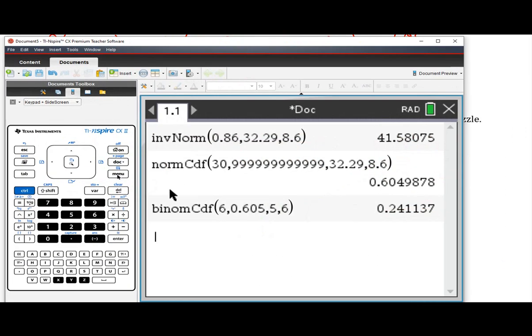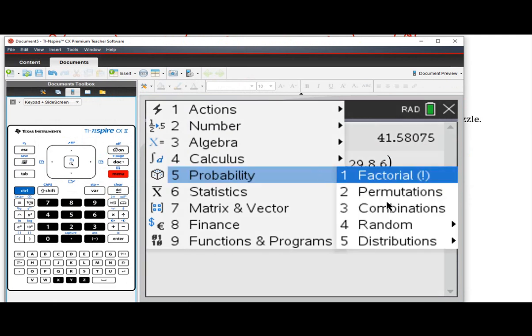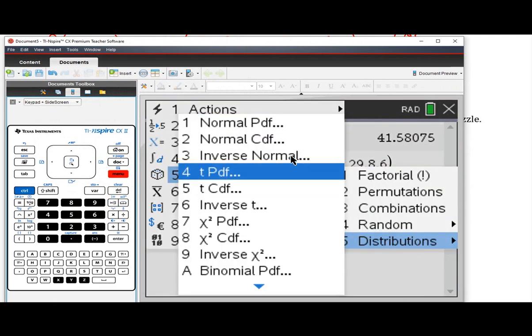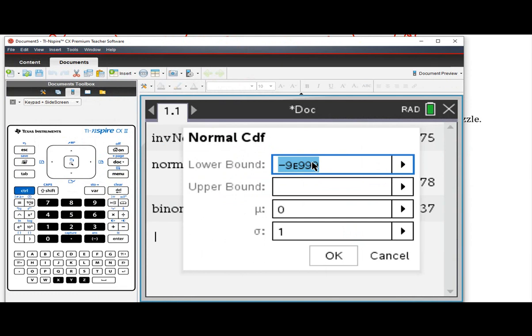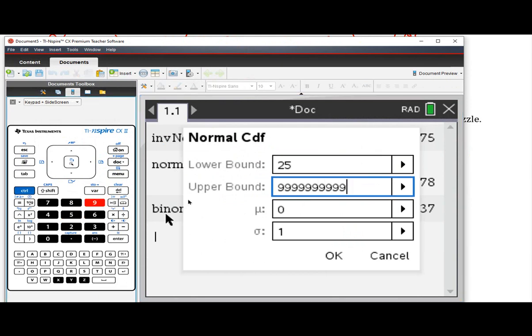So let's calculate this. We've got a normal CDF. We want to calculate greater than or equal to 25, so our lower bound is 25. We can put a bunch of 9s for the upper bound. We know the mean value is 32.29, and the standard deviation was 8.6 that we've been using for this whole question.